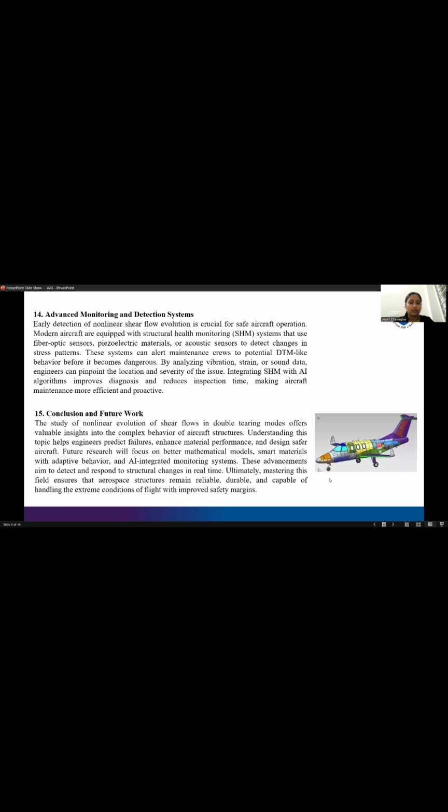Further research will focus on better mathematical models, smart materials with adaptive behavior, and AI-integrated monitoring systems. These advancements aim to detect and respond to structural changes in real time. Ultimately, mastering this field ensures that aerospace structures remain reliable and capable of handling the extreme conditions of flight with improved safety margins. Thank you.